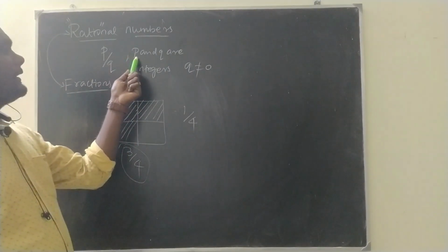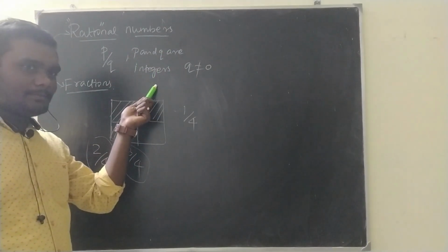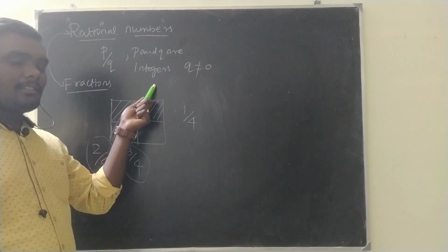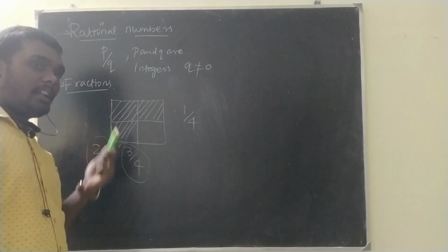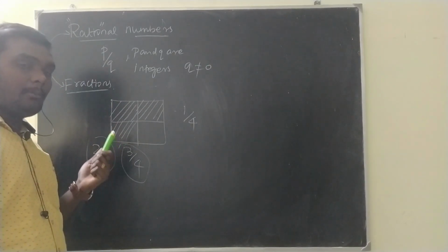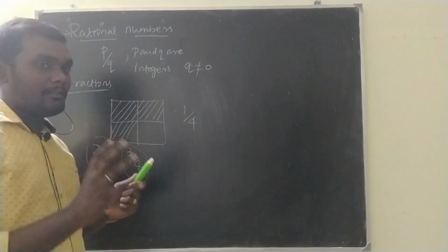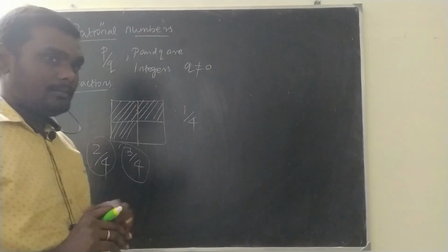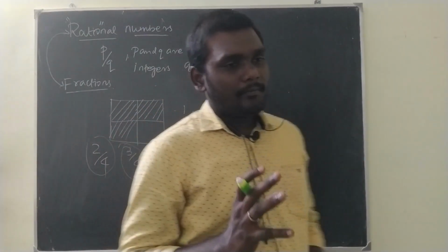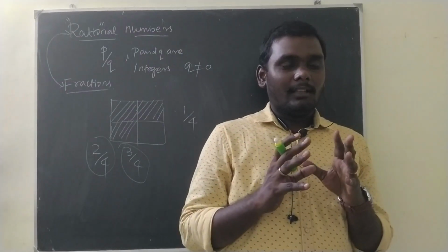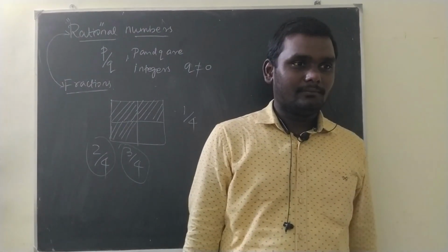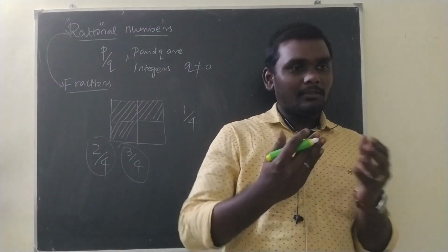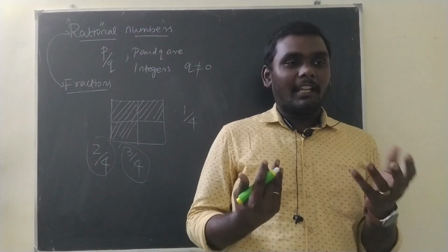Because here I said P and Q are integers, and integers include negative values also. But in fractions, we are talking about splitting a whole thing into equal parts. When you are splitting, a negative number of things we can't split. When it comes to the number of things, it cannot be negative, right?